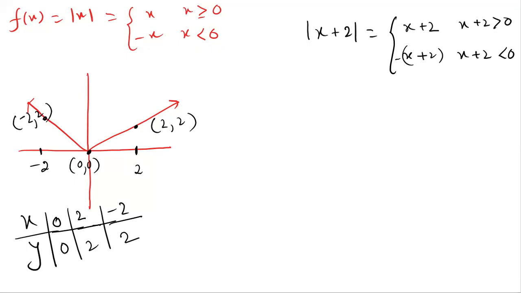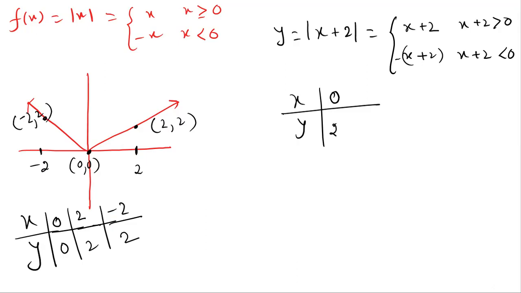Now see the changes. Mod of x plus 2. This is y, and this is x. Now you take x as 0. What will happen?